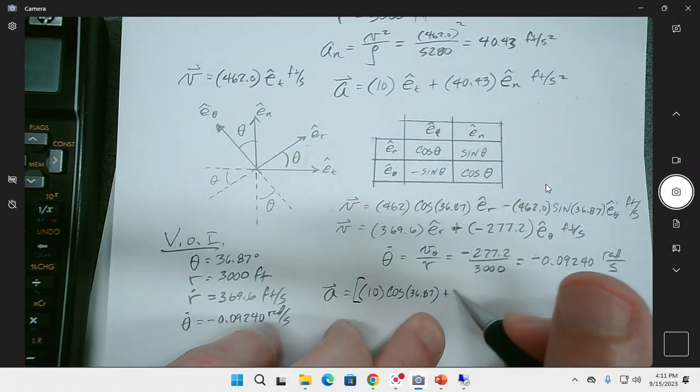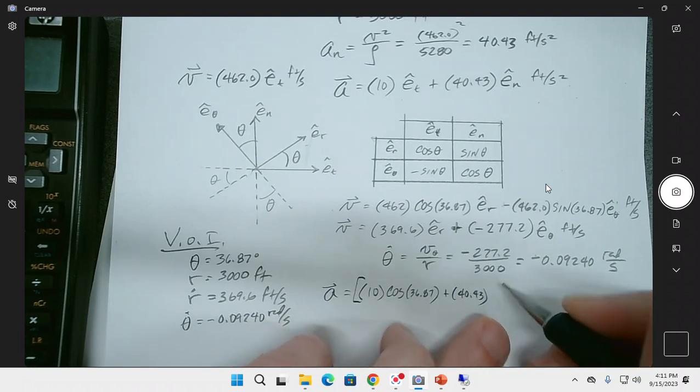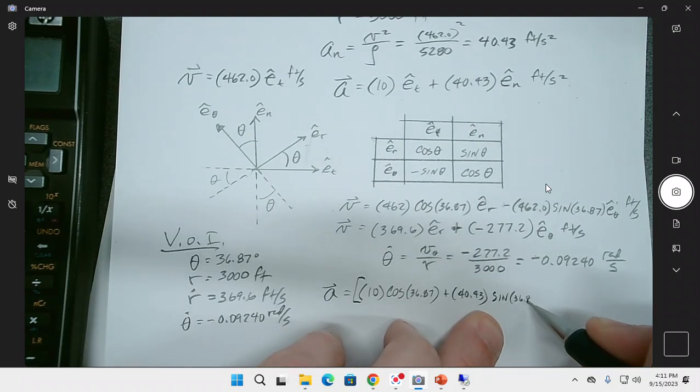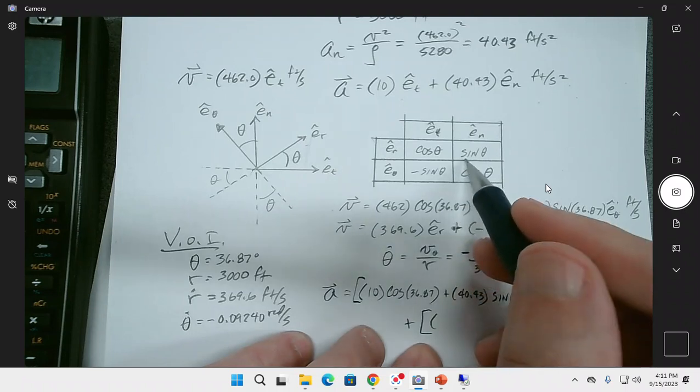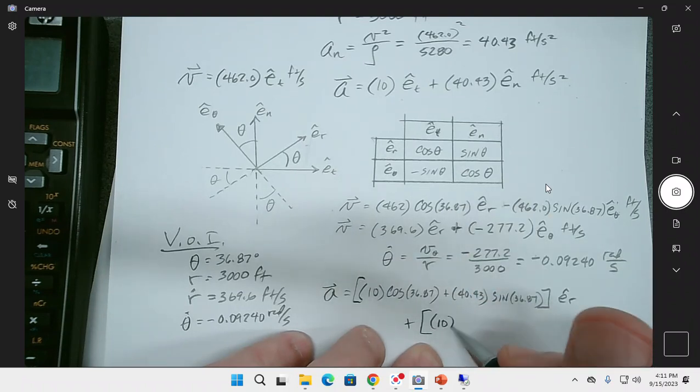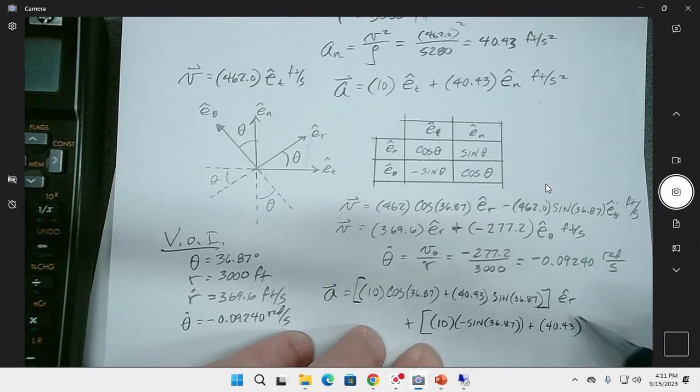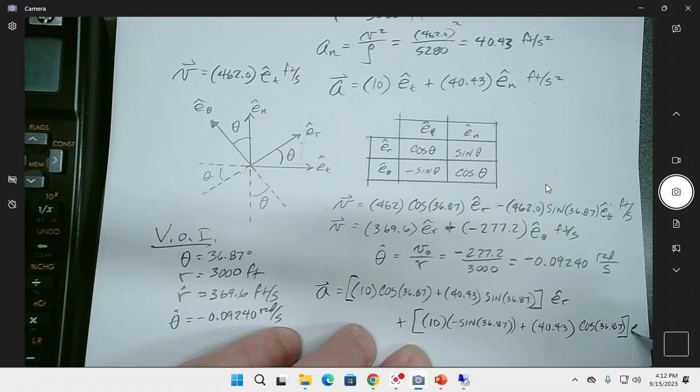And then plus 40.43 times the sine of 36.87 ER, plus 10 times the negative sine of 36.87, plus 40.43 times the cosine 36.87 E theta feet per second squared.